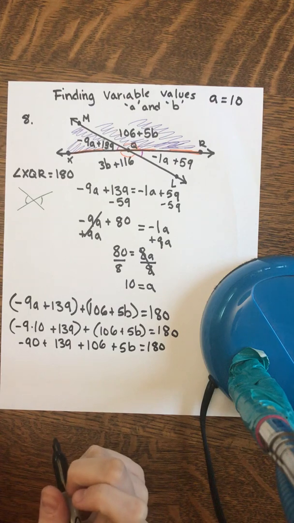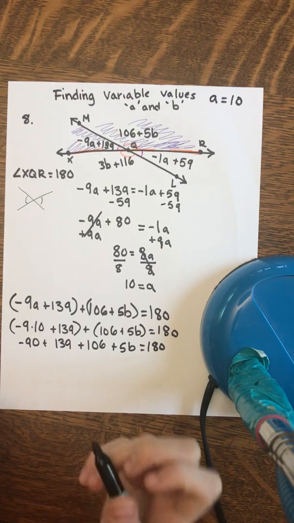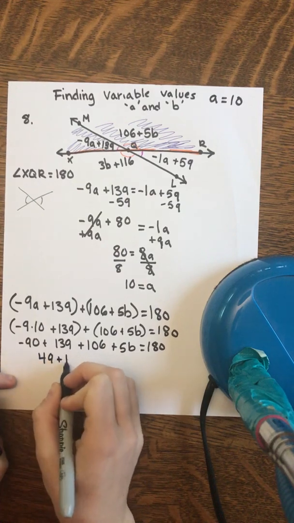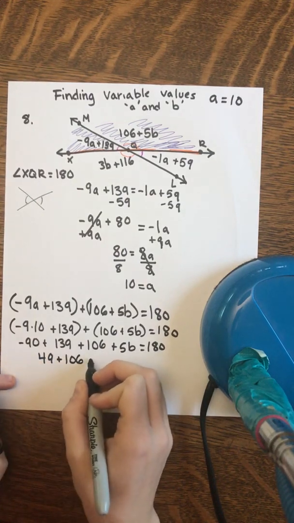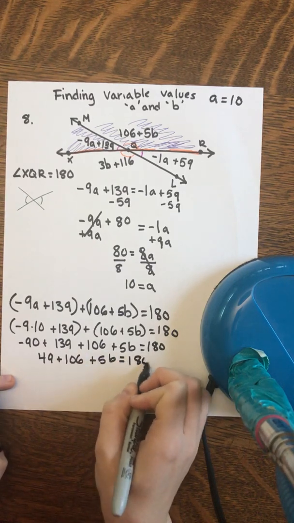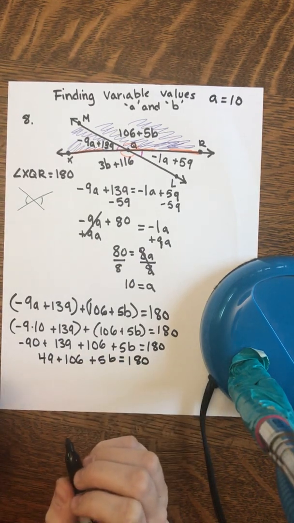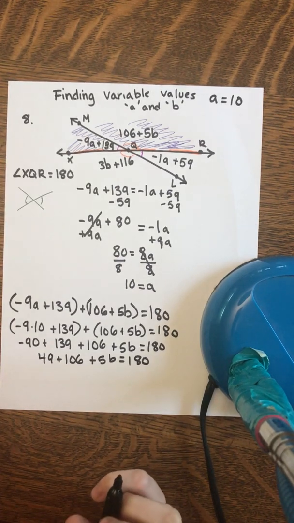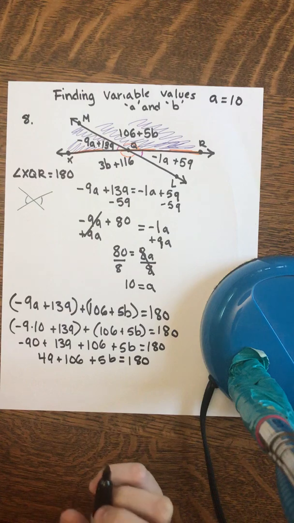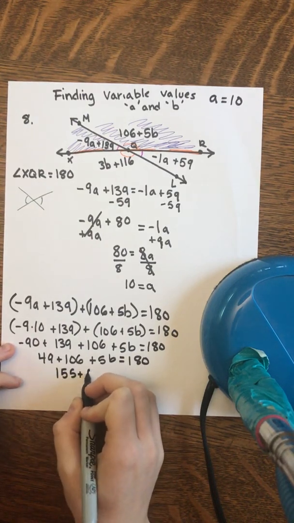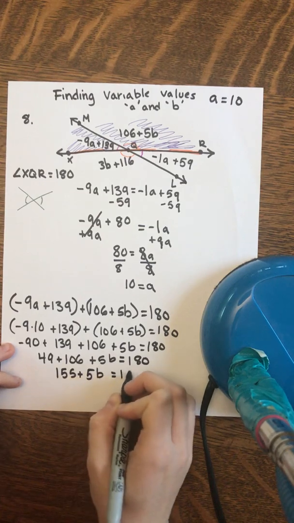Negative 90 plus 139 is 49 plus 106 plus 5b equals 180. Can I still combine like terms? Yes, I can. 49 plus 106 is 155 plus 5b equals 180.